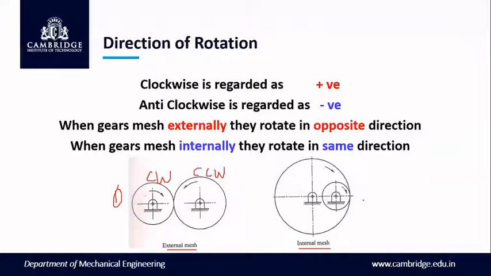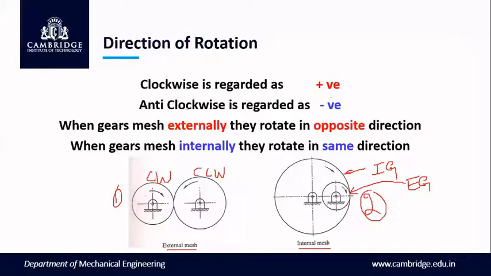Similarly, let us consider Figure 2. Here we have one internal gear. The bigger circle represents the internal gear, whereas the smaller circle in connection with the internal gear is the external gear. In an internal gear, the teeth are cut internally, and external gears have teeth on the circumference.